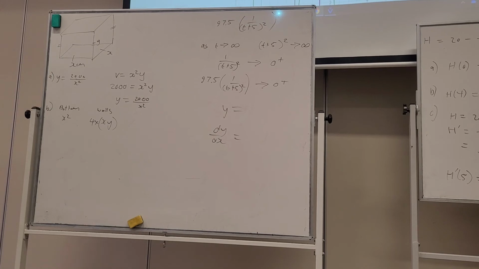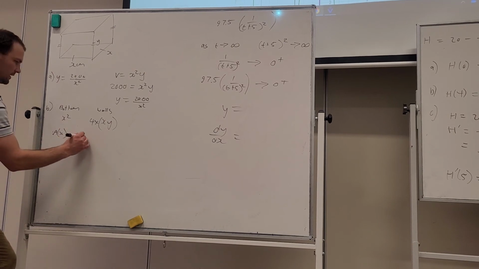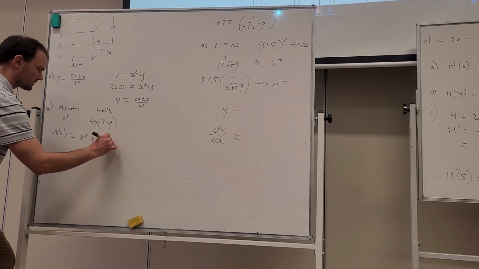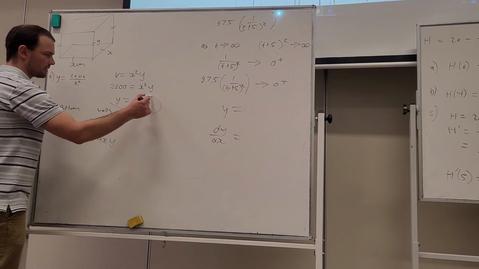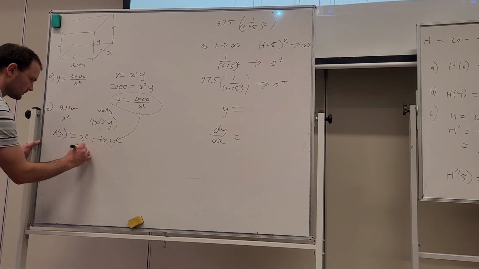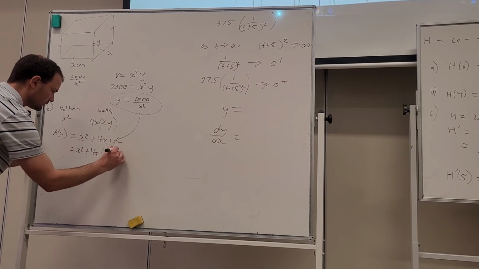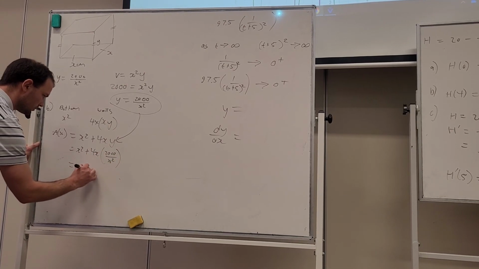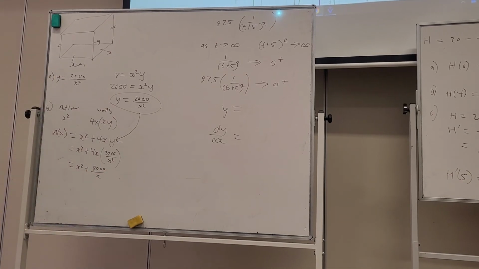So that means the surface area equation is A equals x squared plus 4xy, but y is 2000 on x squared. So we plug that in. Okay, good. That's part B.